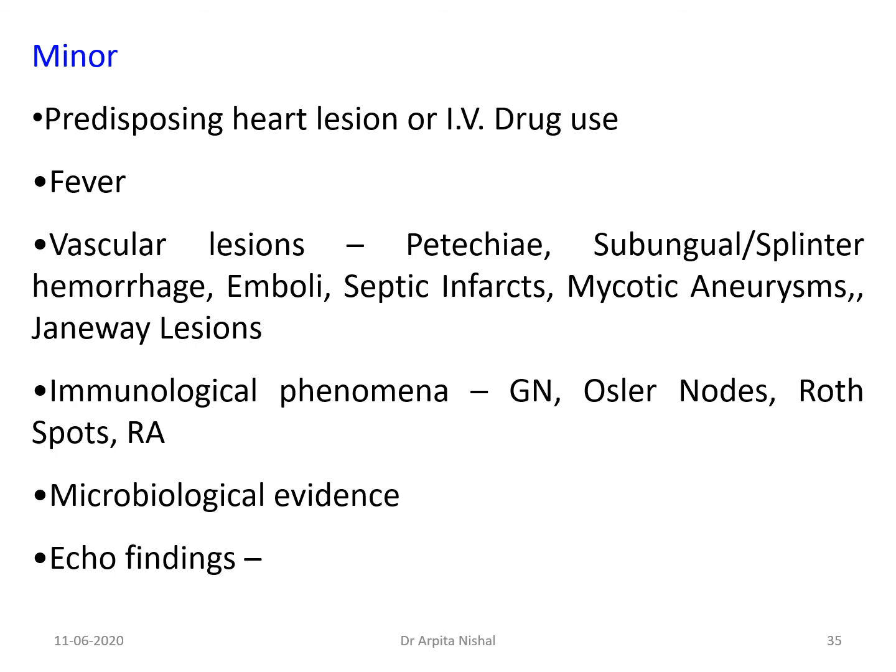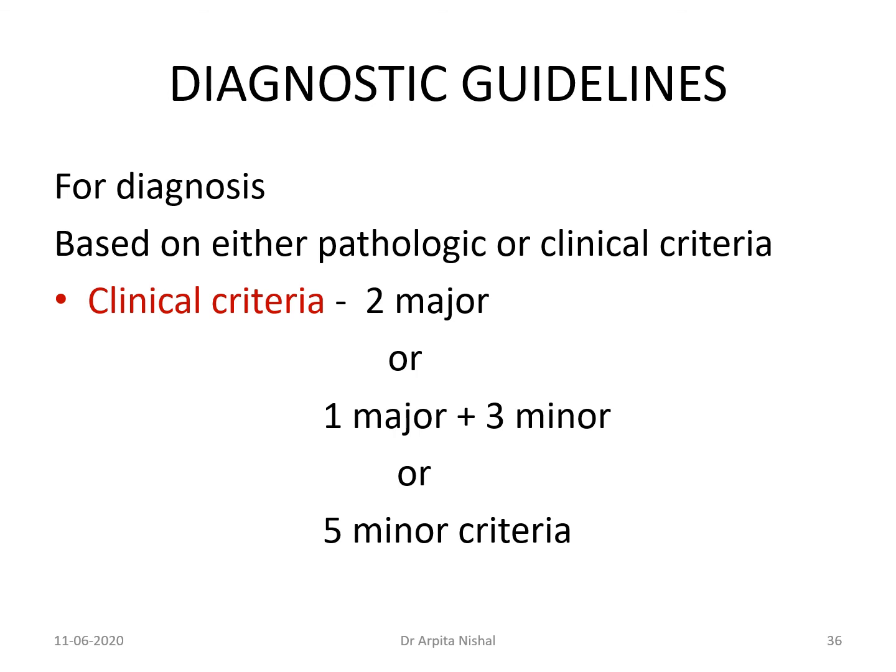Minor criteria are predisposing heart lesion or IV drug abuse, fever, vascular lesions, immunological phenomena, microbiological evidence, or echocardiographic findings. For diagnosis based on either pathologic or clinical criteria, in clinical criteria, it can be either two major criteria or one major, three minor criteria or five minor criteria. So these, if present, are important for diagnosis of infective endocarditis.